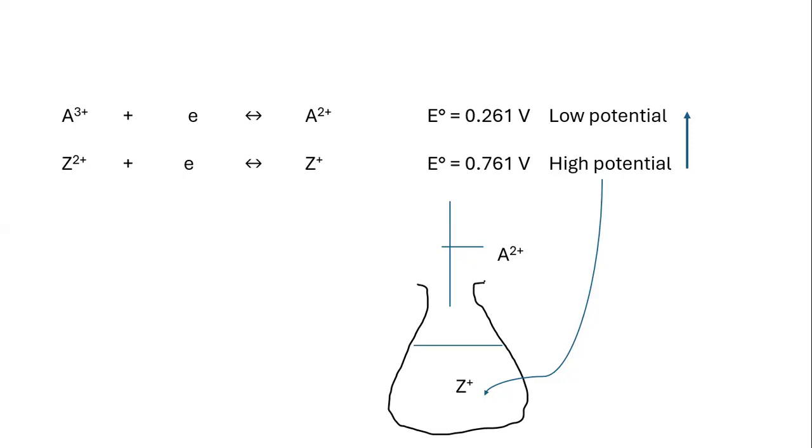Yes. First, draw the flask. For any titration, this drawing is very much necessary. You are talking about the titration of Z plus and A2 plus. So you have Z plus, and from the beginning, you have only the Z plus, Z2 plus system, but not the A2 plus, A3 plus system, because as soon as you add A2 plus, it's going to be converted.